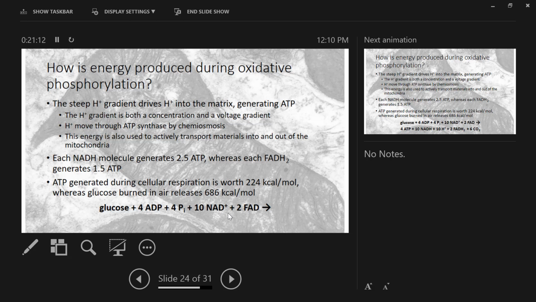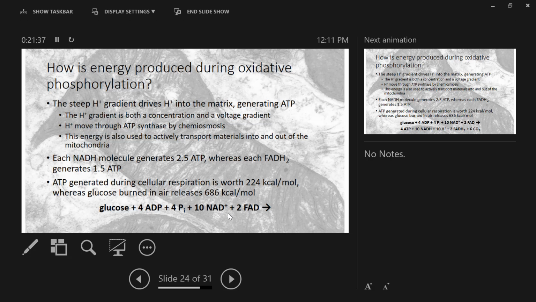And some cells don't have FAD, and they force the electrons to actually go up to NADH. Even though they wouldn't normally do that, they force it. And so instead of having 10 NADH and 2 FADH2, you actually have 12 NADH. Is that right?